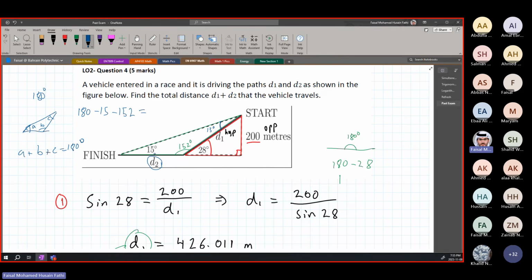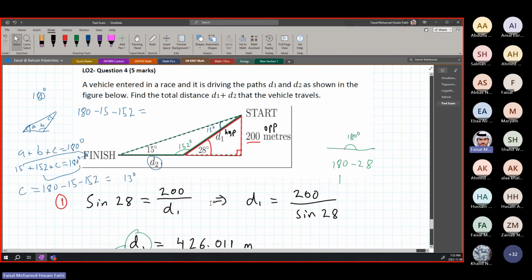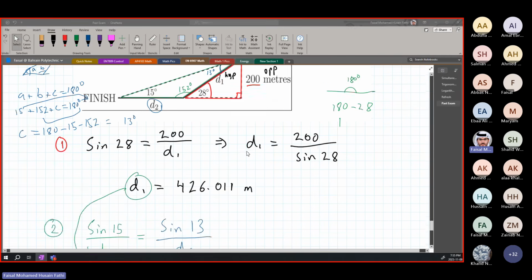We have the 15 and the 152, the A and the B, so 15 plus 152 plus C is equal to 180 degrees. We take them to the other side, so C equals 180 minus 15 minus 152, which equals 13 degrees. This is how you find the angle.